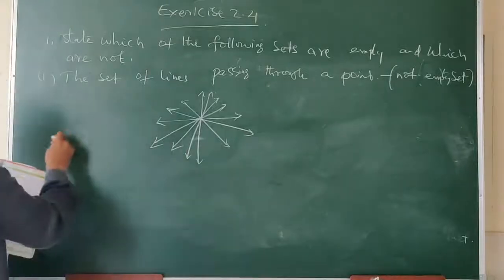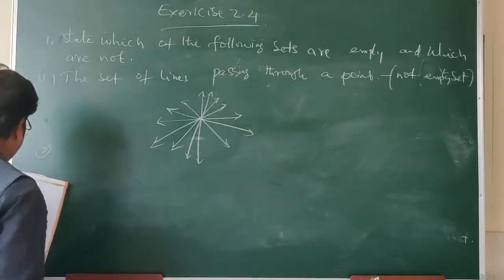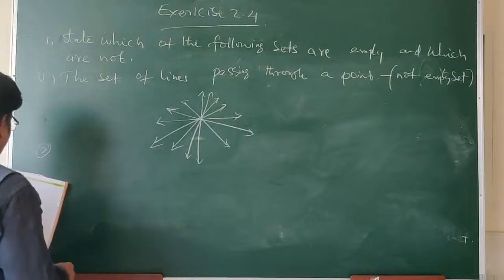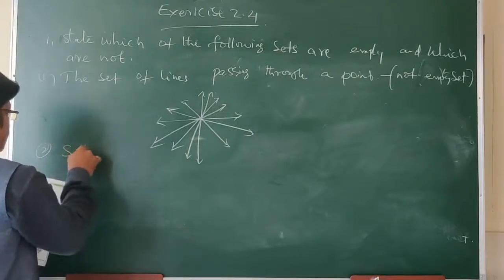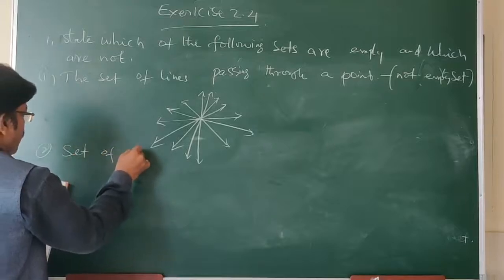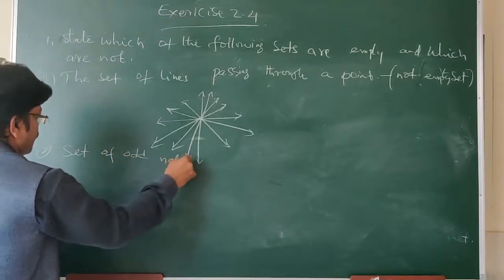Second one: the set of odd natural numbers divisible by 2.